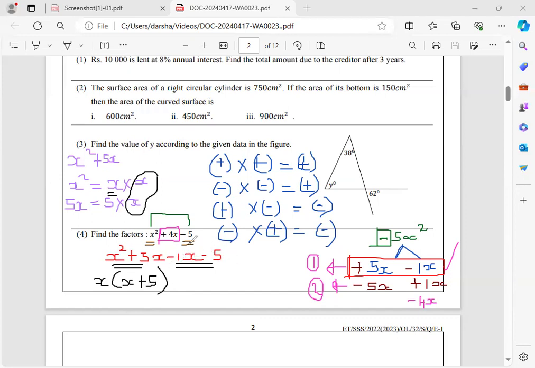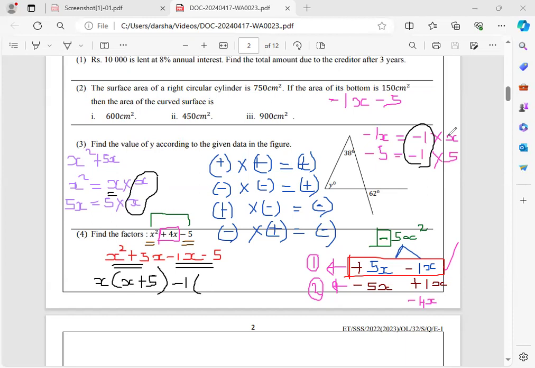Then minus 1x minus 5, what is the common? We have to think now. Minus 1 is the common thing, because minus 1x can be written as minus 1 into x, and similarly minus 5 can be written as minus 1 into 5. So minus 1 is common, put that common thing up.